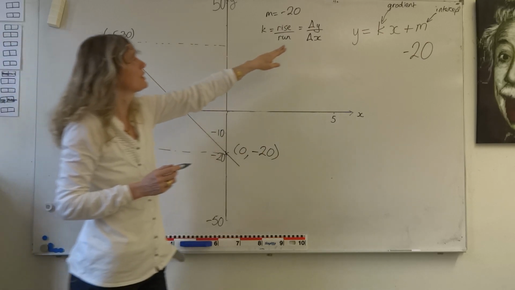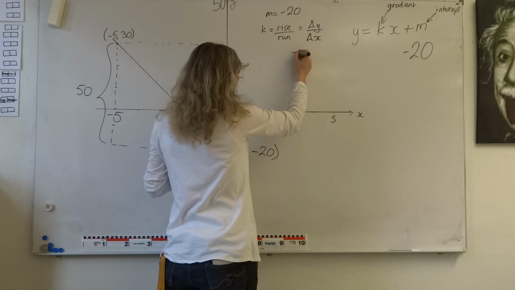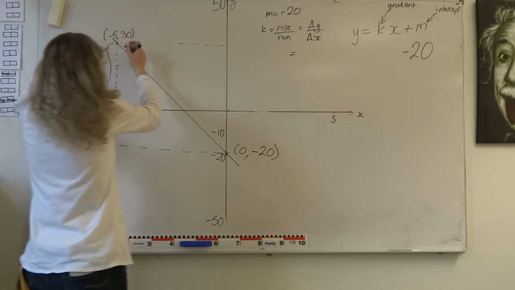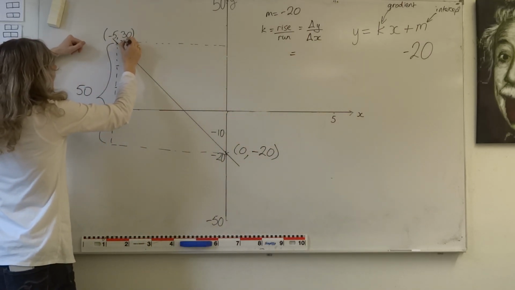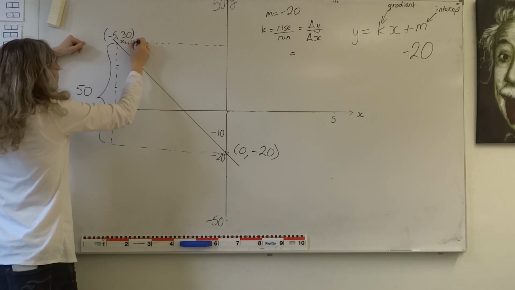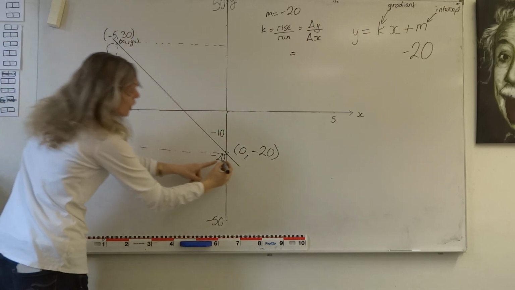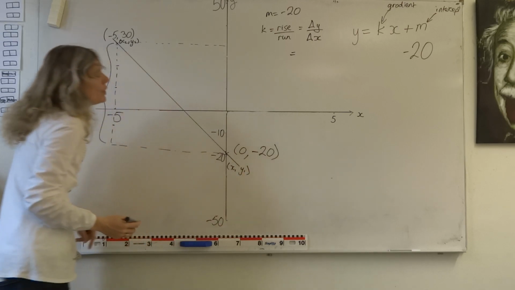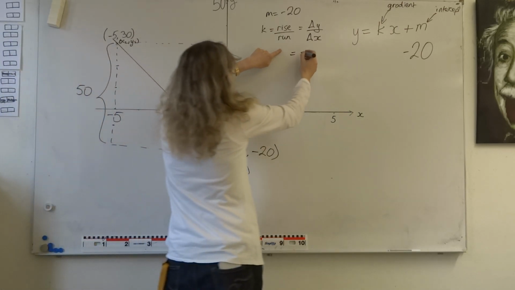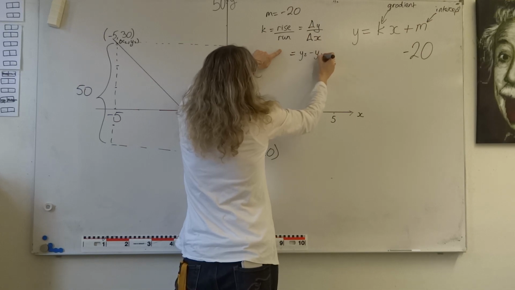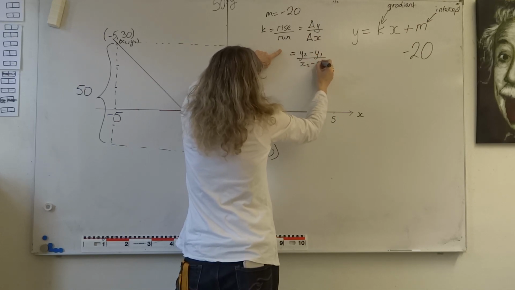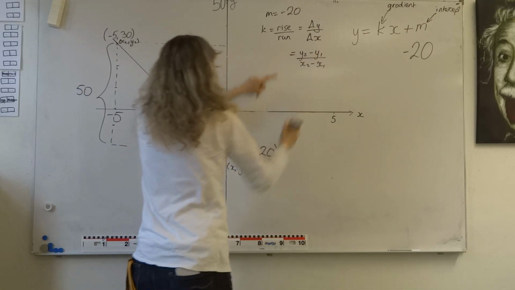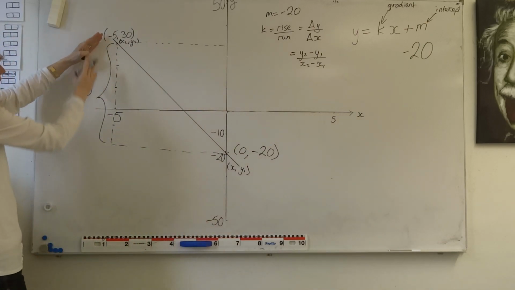So if we're going to work this out as delta y, it's going to be the position of y2. So this one here is x2 and y2. And this lower point down here is x1 and y1. So we want y2 minus y1 divided by x2 minus x1, the mathematical way, or we can do just the counting way that we do.